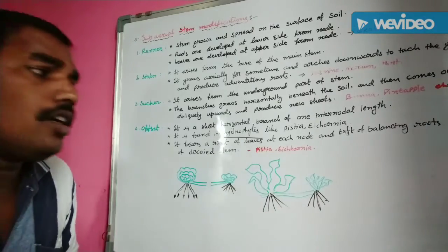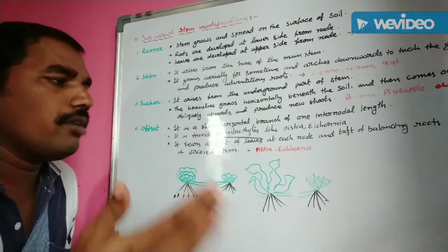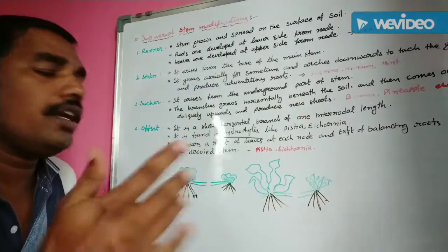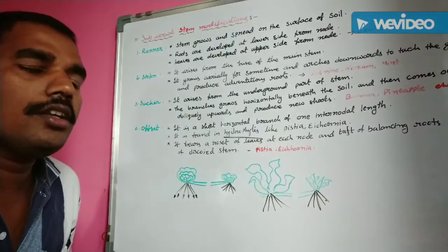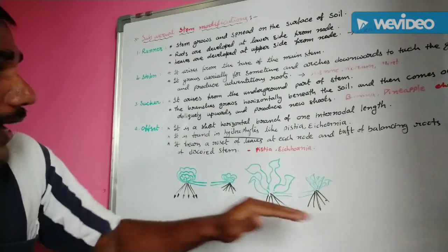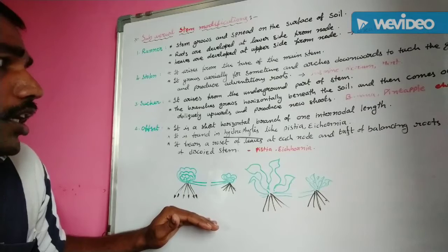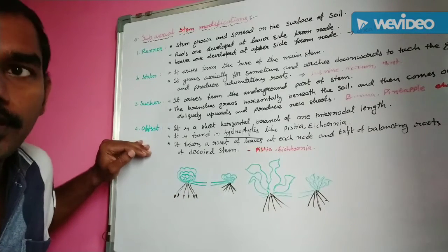In Eichhornia also, if the internode breaks, every nodal region will be separated and grow as an individual organism. Understand? So in this type of hydrophyte, one internodal length is known as an offset.